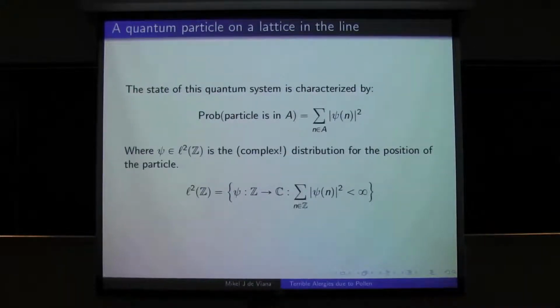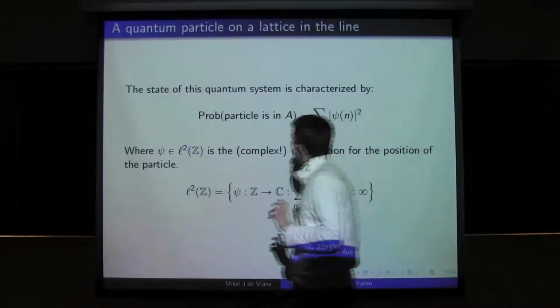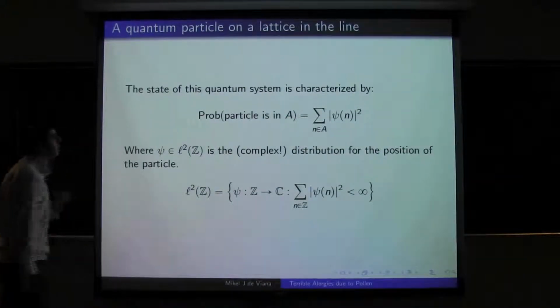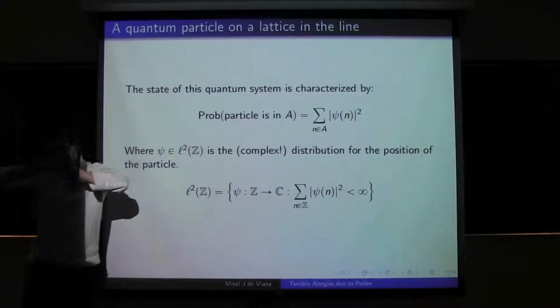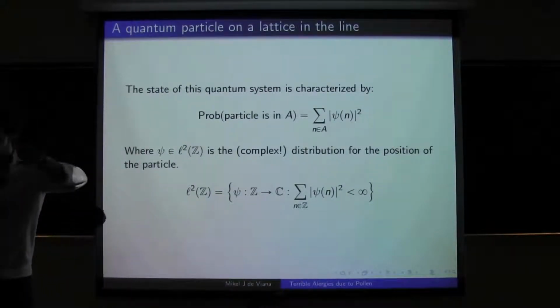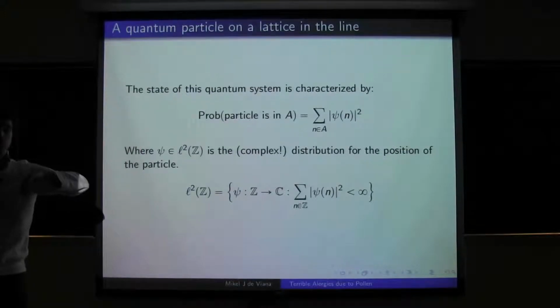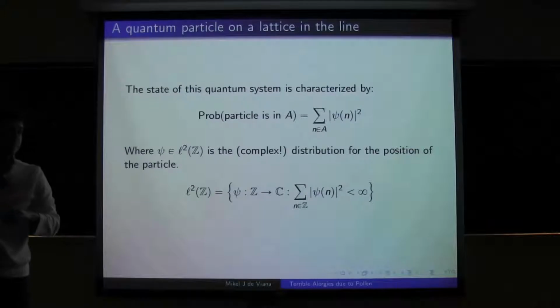This is a very interesting cocycle. So the cocycle comes because of the following. The physical motivation is given by a very, very simple process. You take a line, indexed by the integers, and you drop a particle.